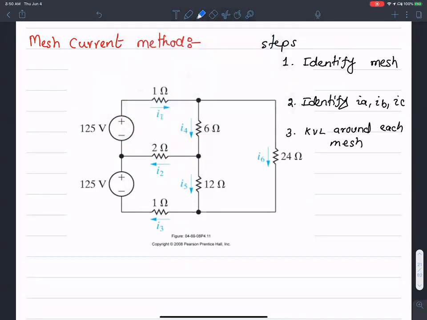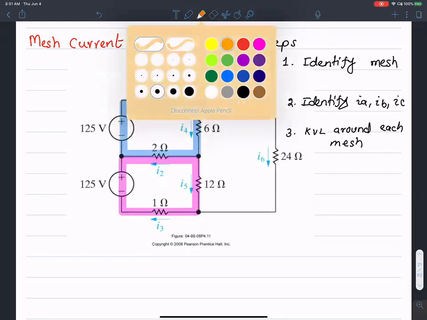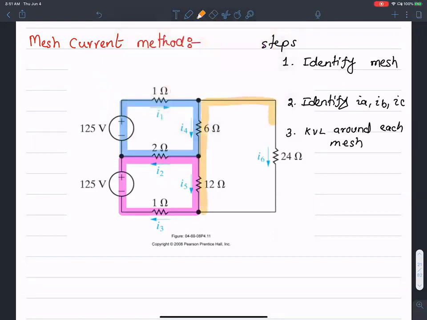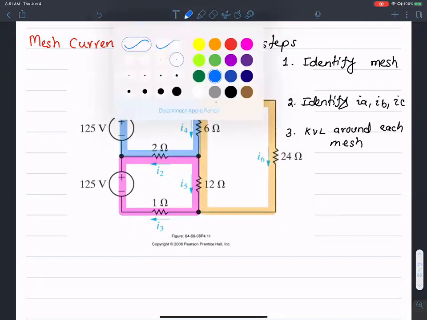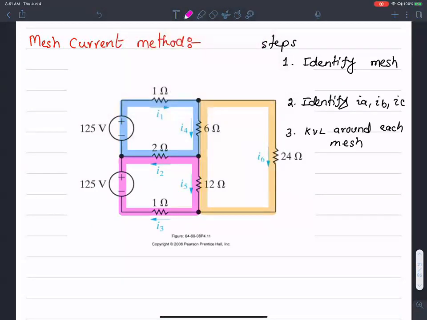There's this one, 1, then the one on the bottom, number 2, and then the one on the right, the third one, right? Yes. I also identified the currents, and I stuck with the clockwise convention on all 3.